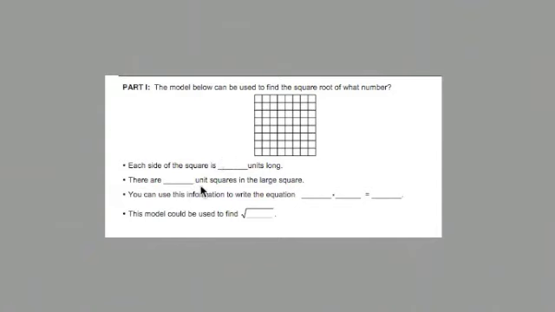There are blank unit squares in the large square. If you were to count all of these up, you would get 64. You can use this information to write the equation 8 times 8 is 64. This model could be used to find the square root of 64.